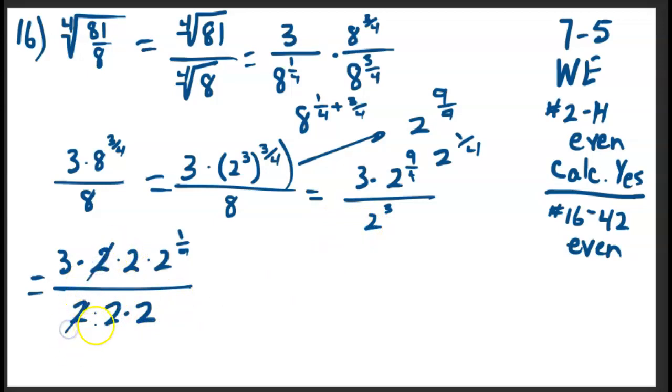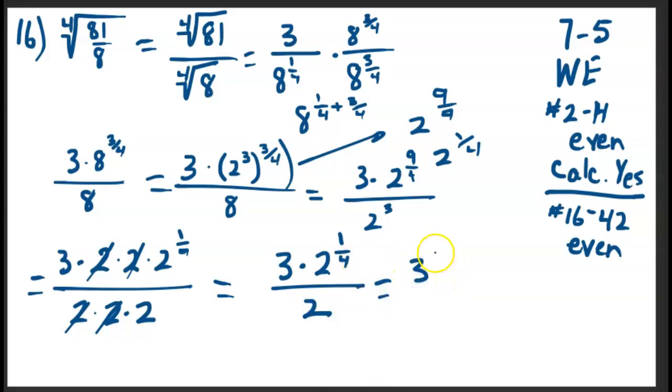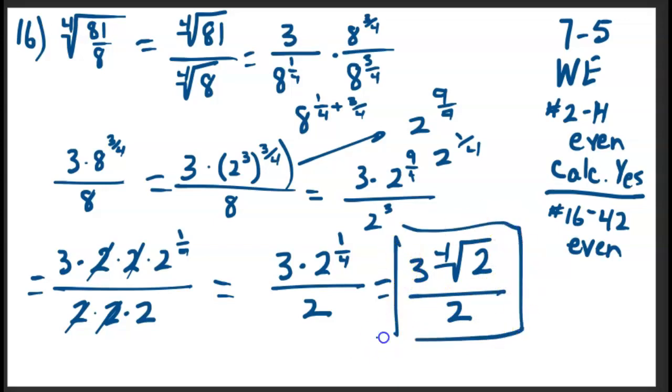So those 2's would reduce to 1, those 2's would reduce to 1. So what do I have left? I have 3 times 2 to the 1/4 over 2. Well, 2 to the 1/4 is just another way to write the 4th root of 2, over 2. And that's the best I can do with it. Okay, so there was number 16, simplifying it to simple radical form.